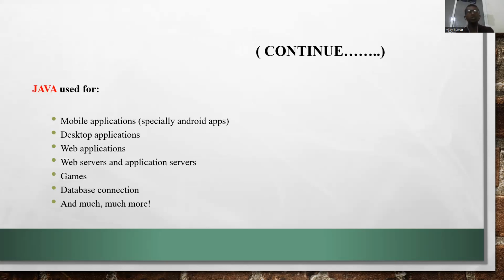Java is used for mobile applications. For example, Twitter and Spotify are written in Java. Java is also used for desktop applications, web applications, web servers and application servers. Java is used to develop games also.